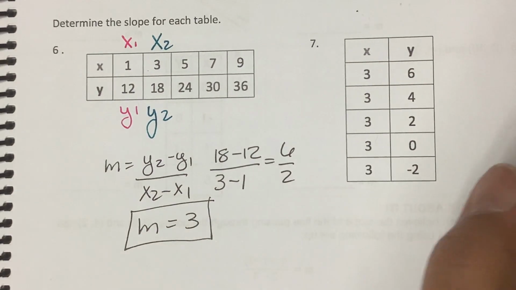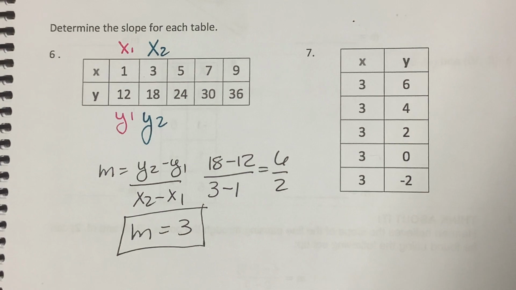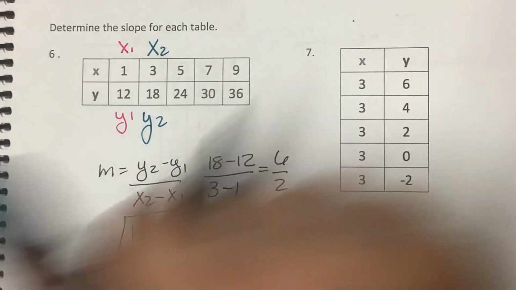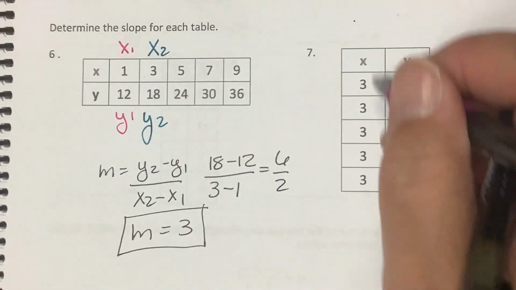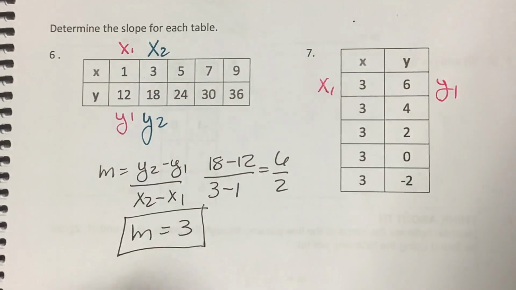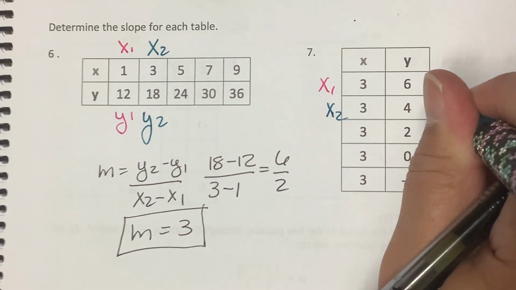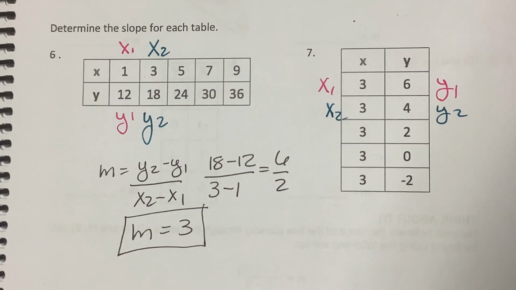Not awful. Oh, look at this. All the x's are the same. That's interesting. Huh, I wonder what that's going to do. Here we go. x1, y1, x2, y2.